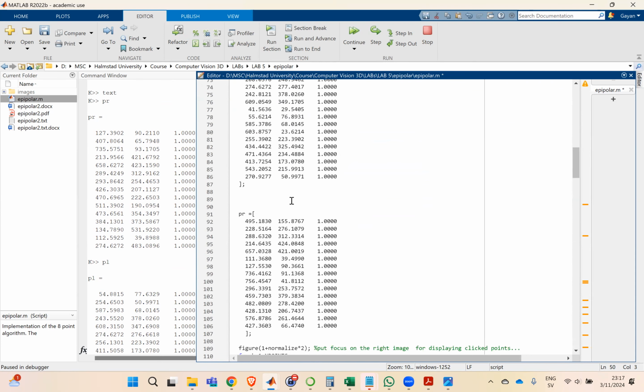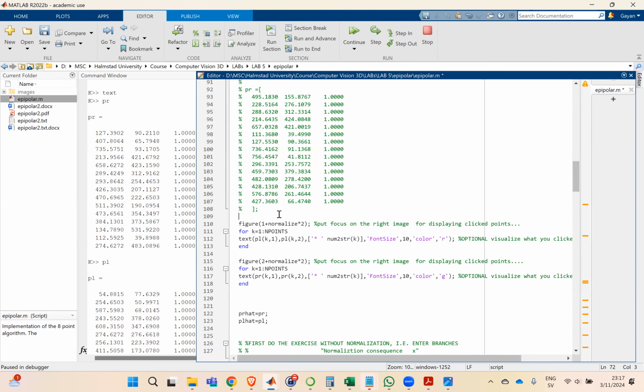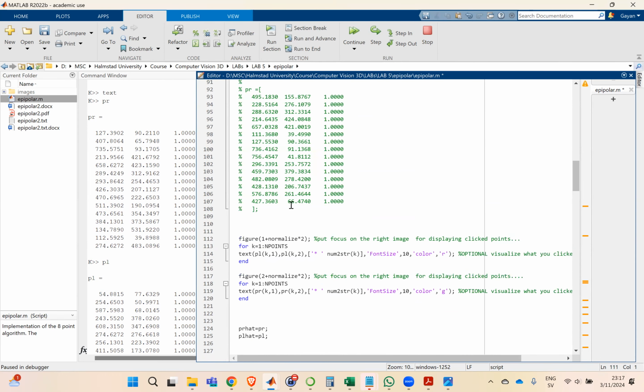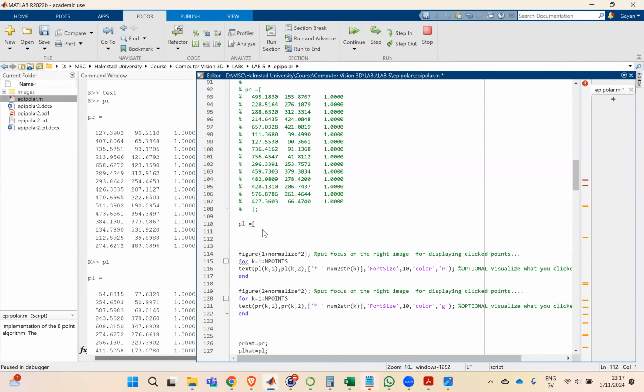So we will use the points we took, PR and PL. We'll first use PL. All our PL points are in here with homogeneous coordinates. So we'll just copy the points.